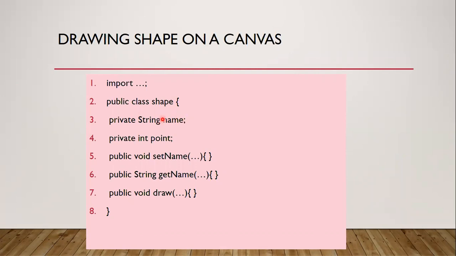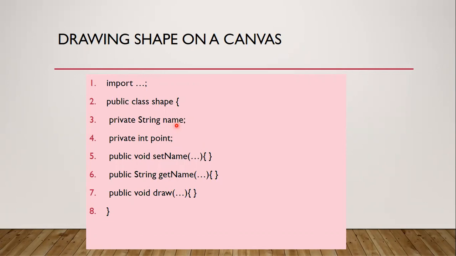So the name of the shape is private, then some sort of data which can help us to determine the size of the shape, or the starting point of the shape, or some information about the shape. That is also private. So we can make some public methods to access these members, for example, set name, get name.